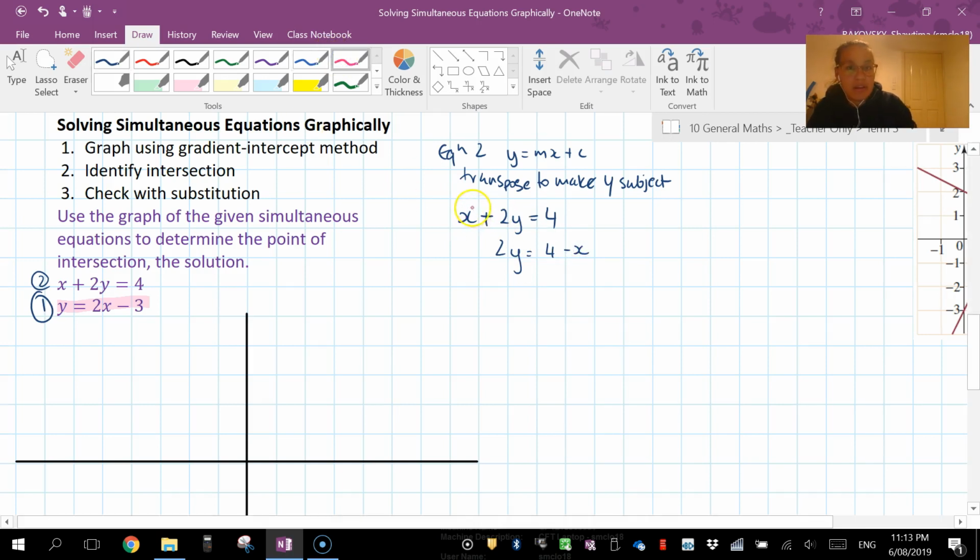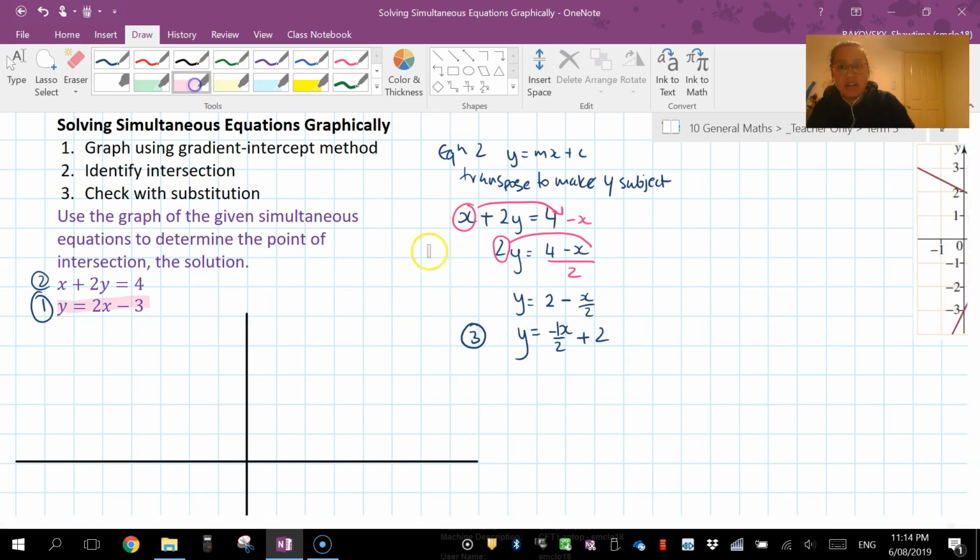Sorry, I should highlight those things for you. And then the next step is to take this and divide the whole thing by 2. What you're left with is y by itself: 4 divided by 2 is 2, minus x divided by 2. Now I can move those around. That's going to be negative 1/2 x plus 2. So that's my formula.